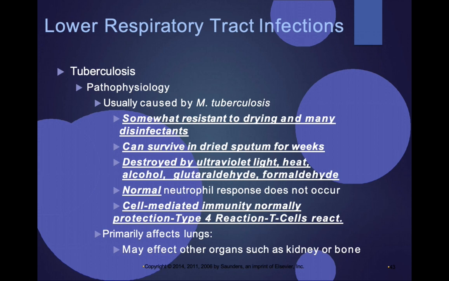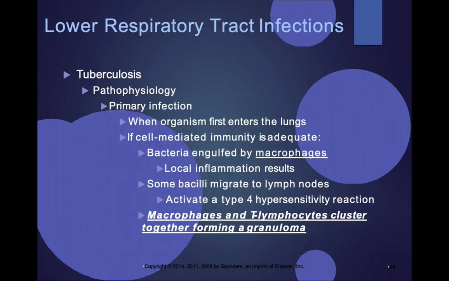So there is the cell-mediated response here compared to the B cell with antibodies. Okay, it primarily affects the lungs, but it can affect other organs as well, like the kidneys and the bones.